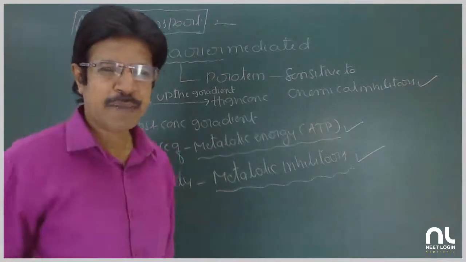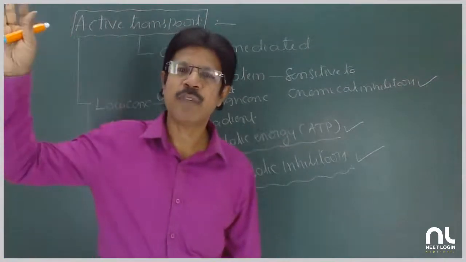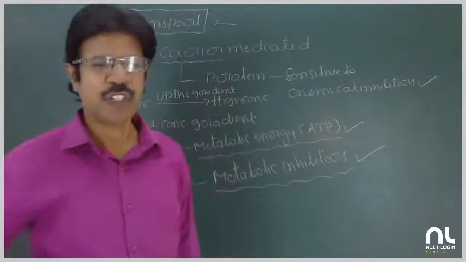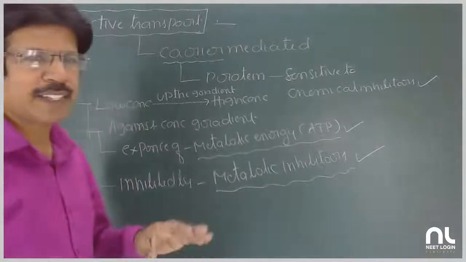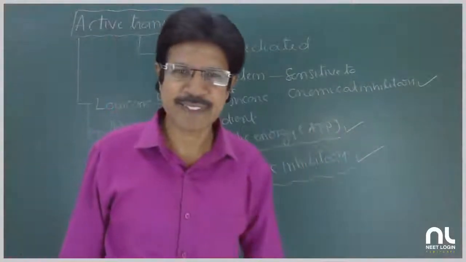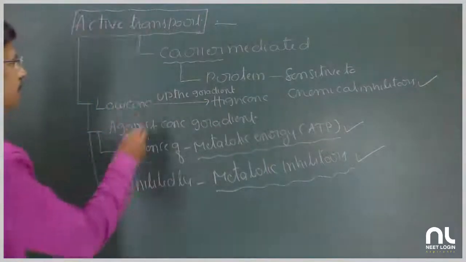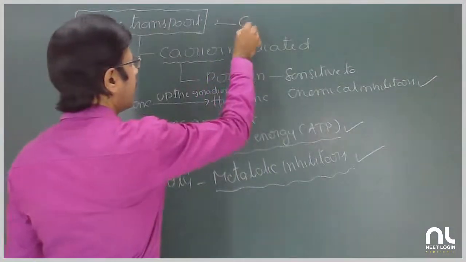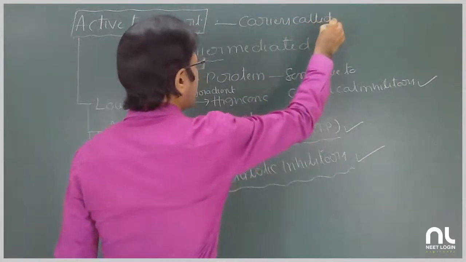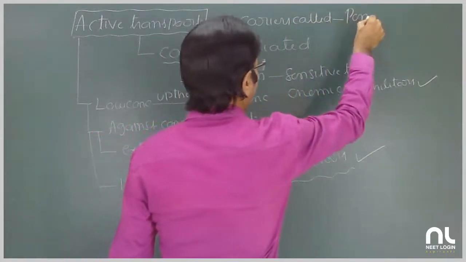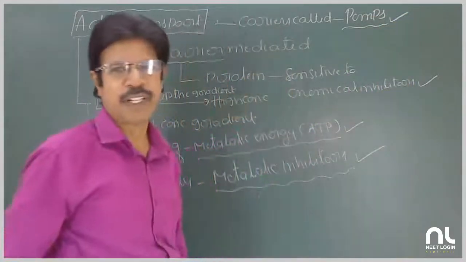The chemical inhibitors or metabolic inhibitors do not have an impact on simple diffusion. The carriers involved in moving from low to high are what we call pumps. Pump is from low to high. This is a key point.